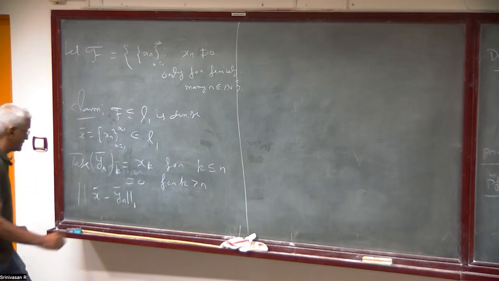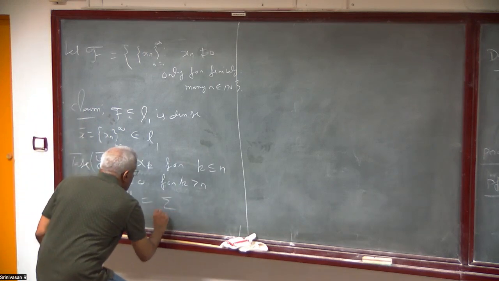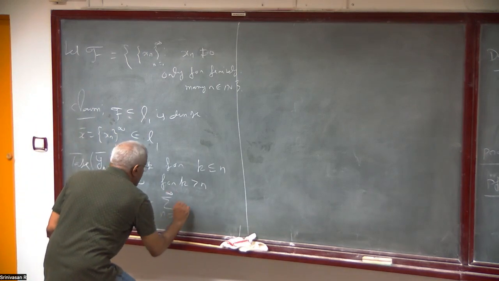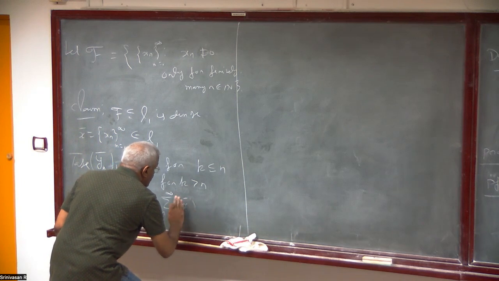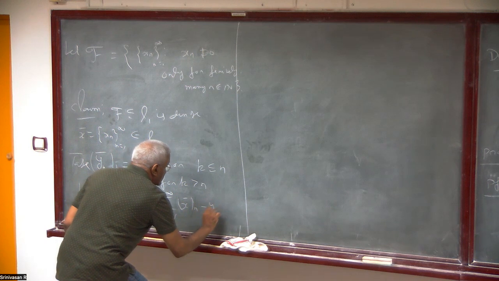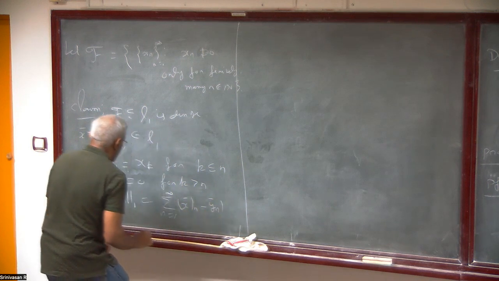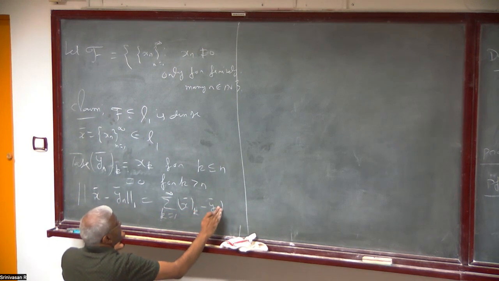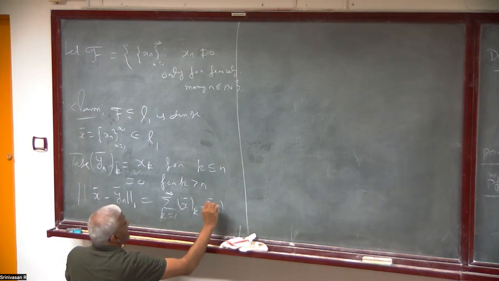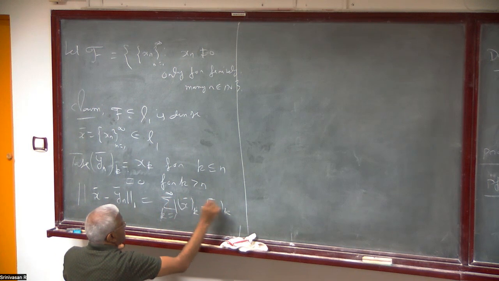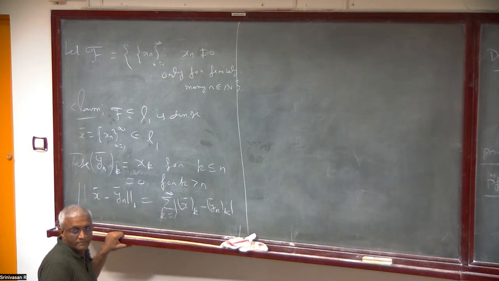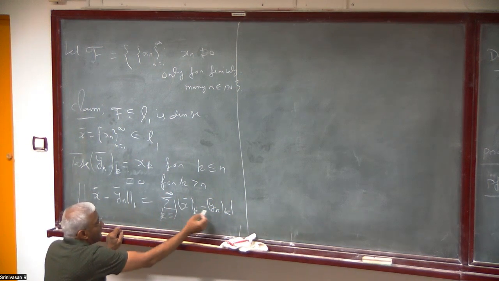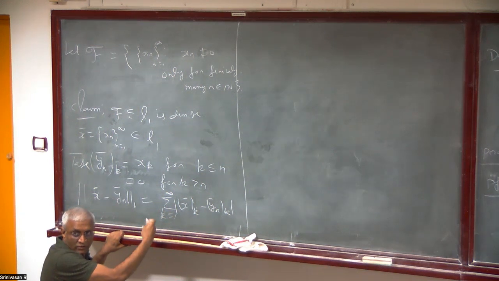This is equal to the summation over k from 1 to infinity of the modulus of x bar at k minus y_n bar at k. But they are the same for the first n terms, so those will be 0.